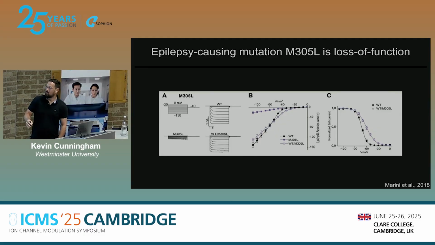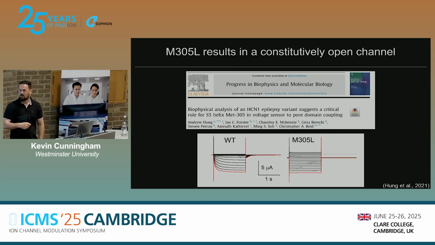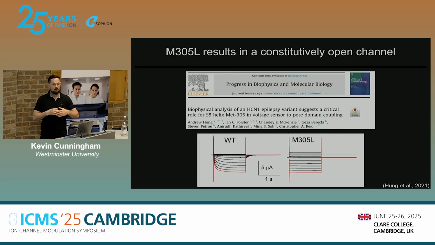What they showed with the homologous residue in HCN1, which is N305, so we were looking at N375, is that they found originally there was a loss of function, but with the hetero, you could actually restore it back to wild type levels. Then Christopher Reed's group showed actually it's not a loss of function, it's just loss of voltage dependence, and it's just permanently open. It's just constantly leaky as such, but voltage dependent.